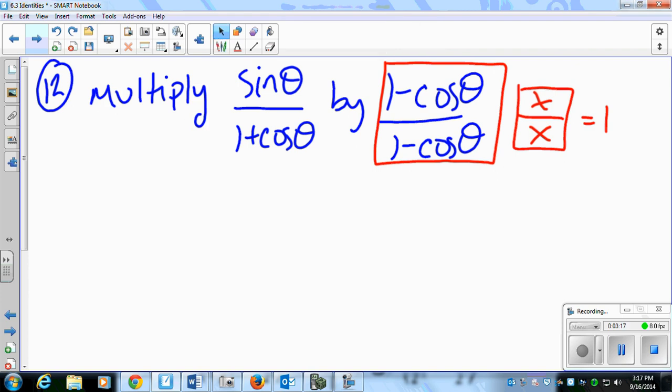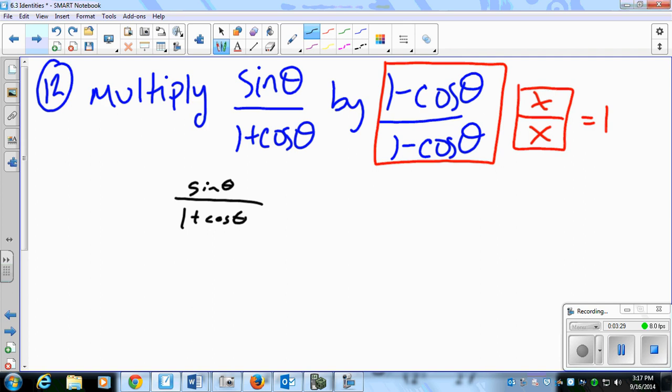So if we multiply these through, we've got to make sure we remember to distribute. So if we have sine of theta over 1 plus cosine of theta times 1 minus cosine of theta over 1 minus cosine of theta, those have to be distributed.